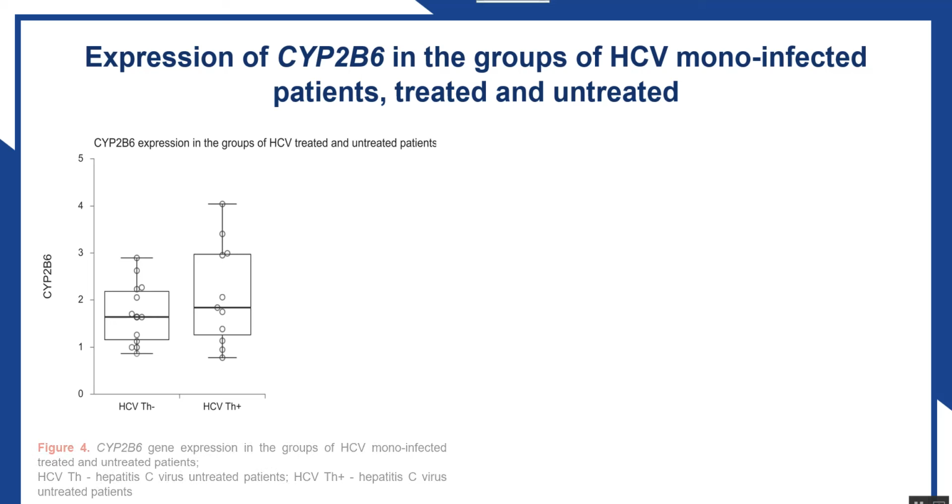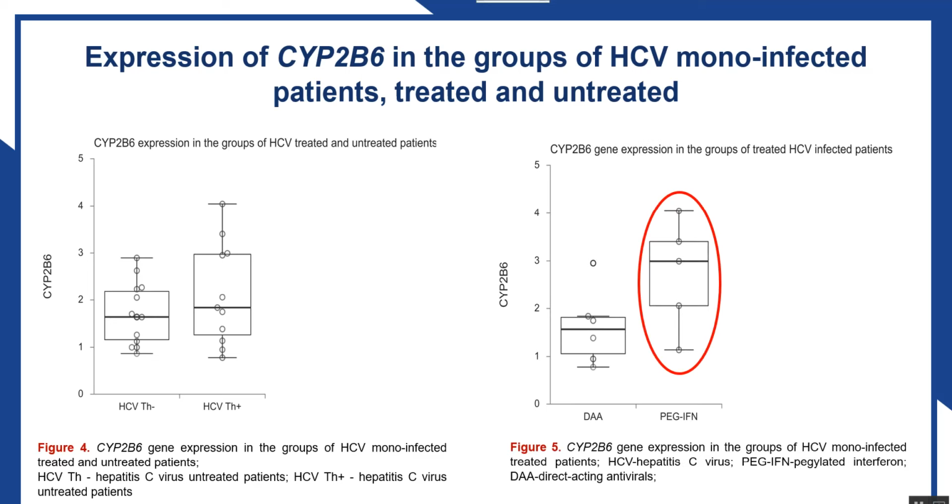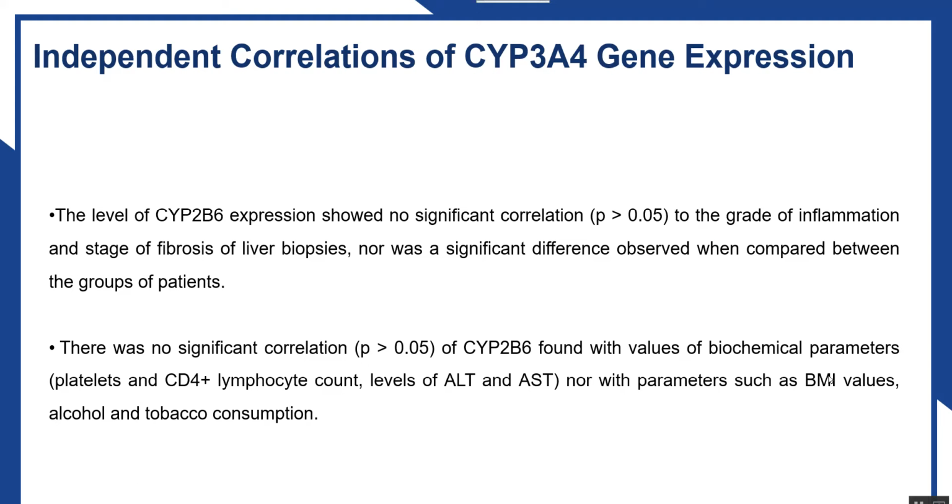This finding may be more clearly seen on the panel right here, where you can see that only 60% of patients receiving DAA, but 80% of patients receiving pegylated interferon both showed an over twofold increase in gene expression for CYP2B6. As for independent correlation of CYP2B6, this is a mistake on the slide. I'm sorry, I apologize.